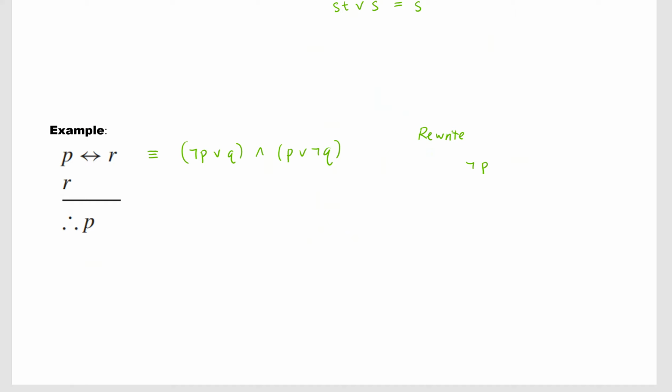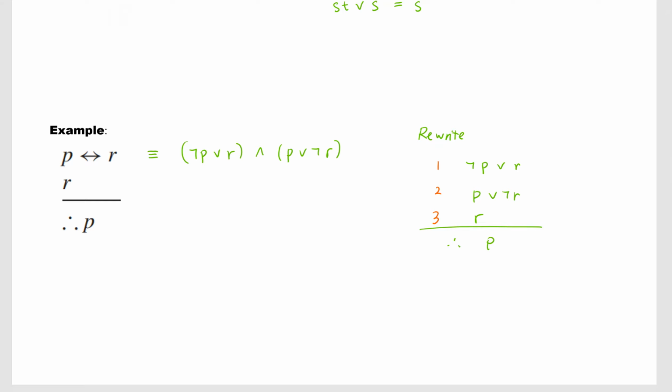We can have not P or R, and P or not R, and oops, sorry, let's replace Q by R, a variable change. And we have R. So therefore P. Okay, so this is our new problem. Let's solve this problem. Label them: number 1, 2, 3.